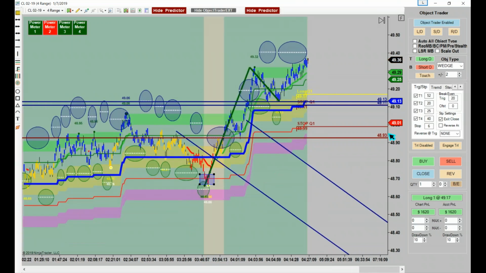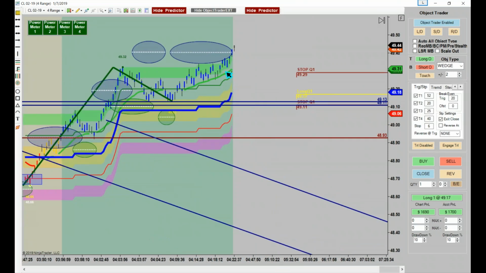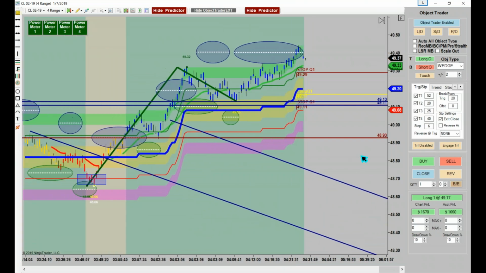Okay. Now, of course, we would trail our stop just underneath these swings. See your primary swing, your secondary swing. Primary, secondary. If it takes us out, it takes us out.